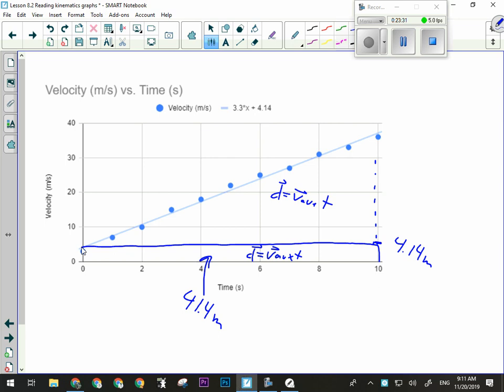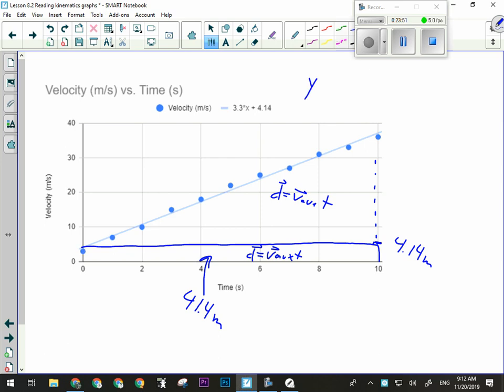Okay? So I know the time. I know what x is. Can I calculate y? I can because I have the equation. So I can calculate what y is here at the very end of my graph. I just plug in 10 for x.